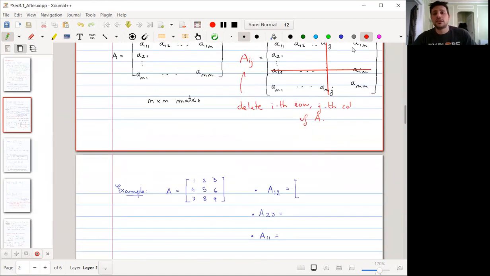Let's have a look at an example. Suppose that my matrix A is the one written here. Let's compute some of these deleted matrices. A12 is the matrix I get by deleting the first row and the second column. In other words, A12 will be 4, 7, 6, 9.